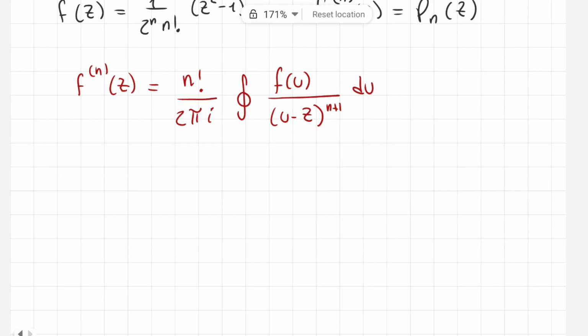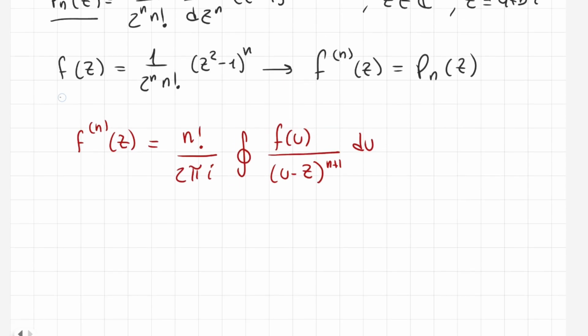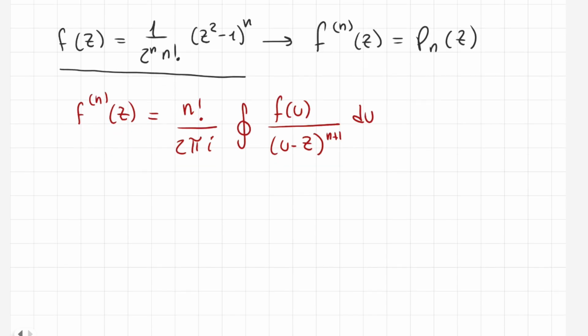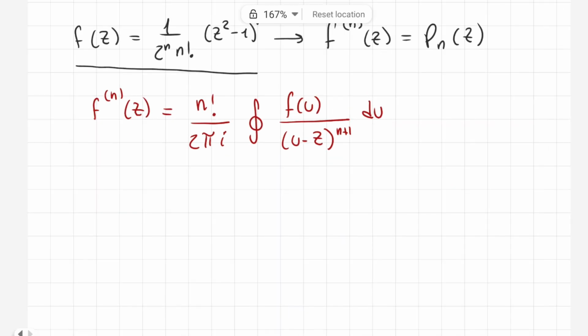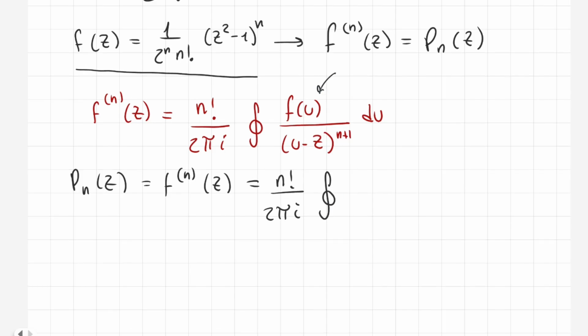Okay, perfect. So with this, we can write this integral in terms of the definition of f that we have here that corresponds to the Legendre polynomials. We said that the n-order Legendre polynomial is equal to f^(n)(z), which is going to be n! divided by 2 pi i, and then the contour integral of f evaluated at u.